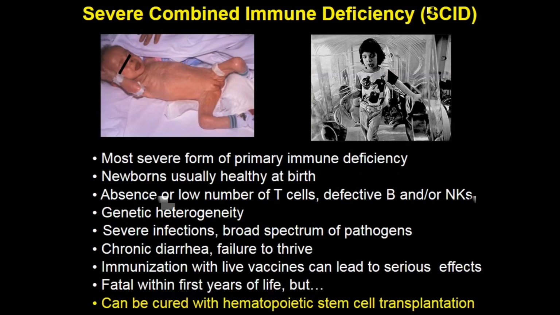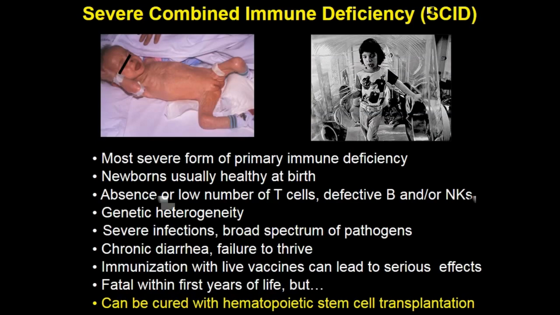And in any case, if you do not treat severe combined immunodeficiency, most of the time with bone marrow transplantation, unfortunately, this is fatal within the first years of life. But now we know that transplant is a definitive cure, and results are getting better and better. You may have probably heard about the most recent results.